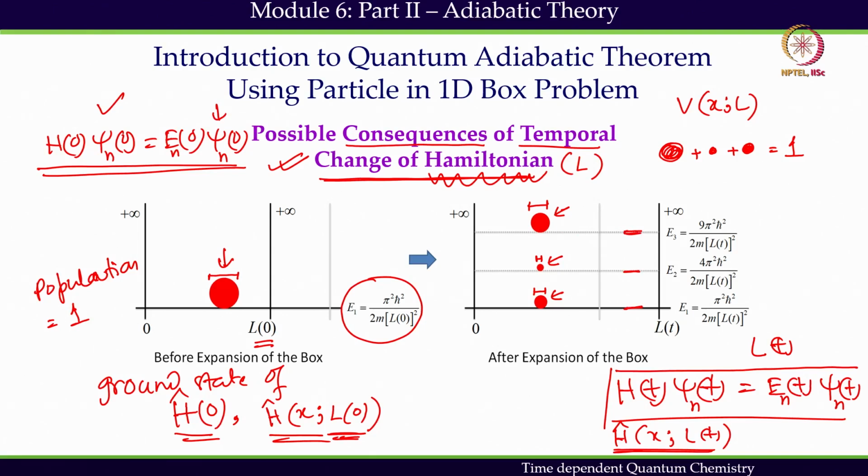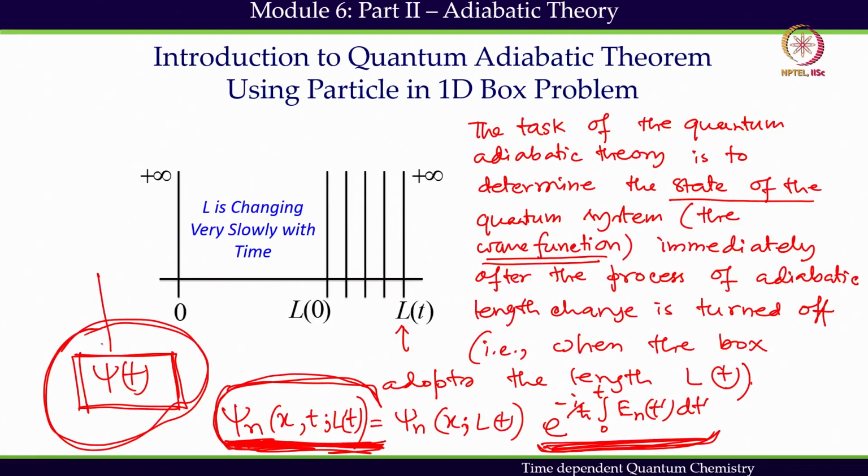Thus, the temporal evolution of the Hamiltonian creates a non-stationary state of the particle. It is quite clear that because the Hamiltonian is changing as a function of time, the state is a non-stationary state. In the previous slide we said that we have to find out psi t.